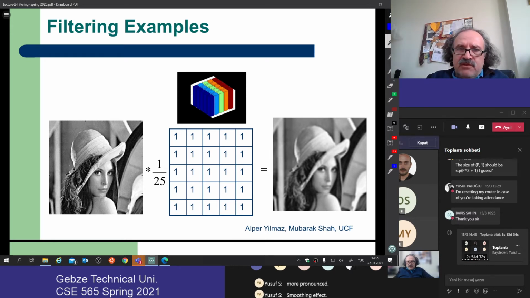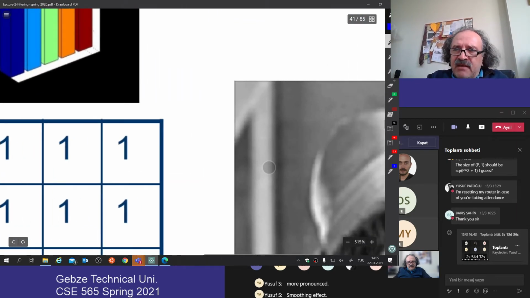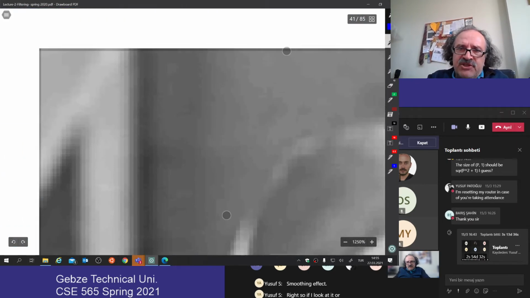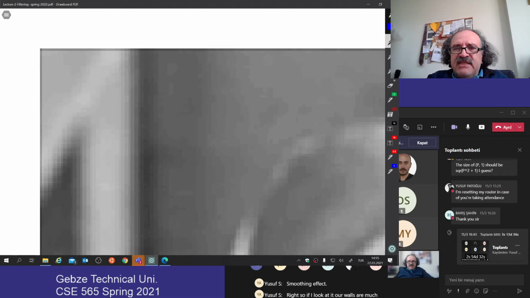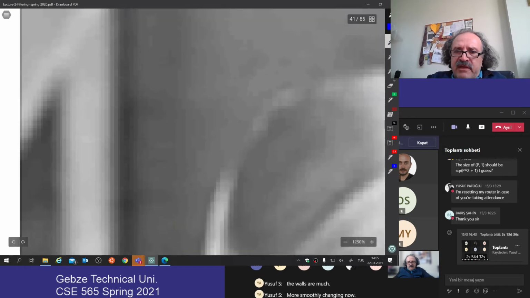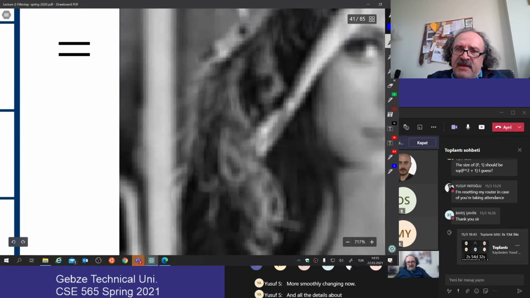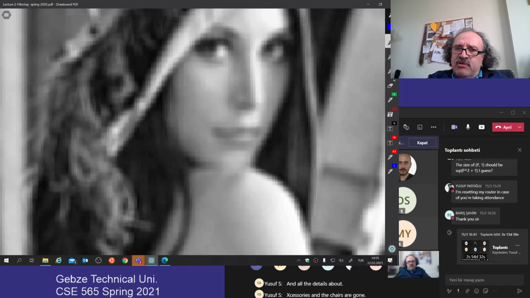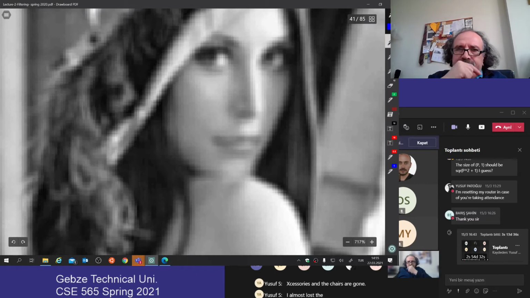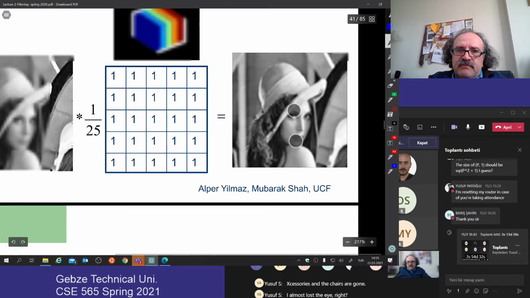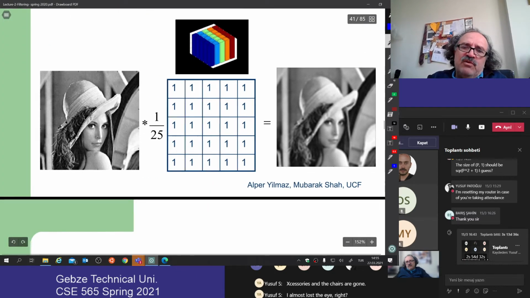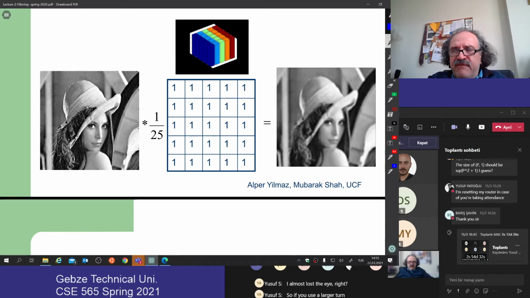If I look at it, the intensity of the walls is changing much more smoothly now. And all the details about the accessories and the threads are gone. I almost lost the eye, right? So if you use a larger kernel, the smoothing effect becomes larger.